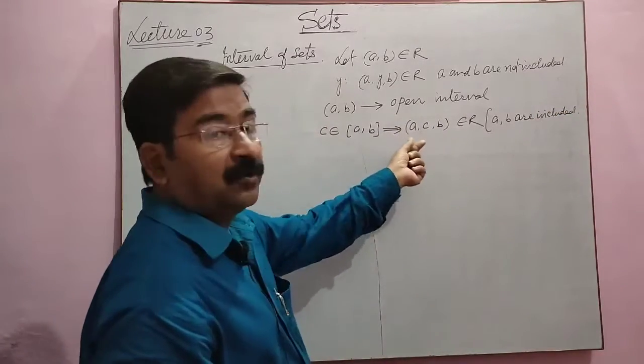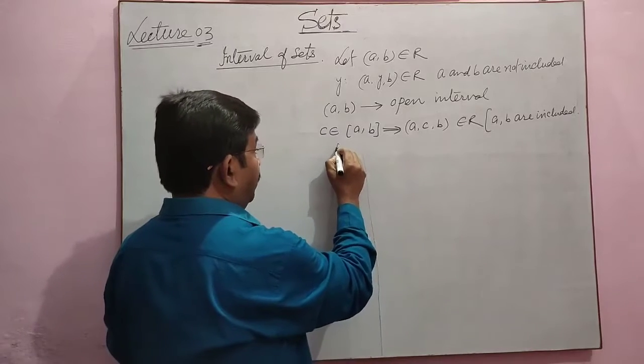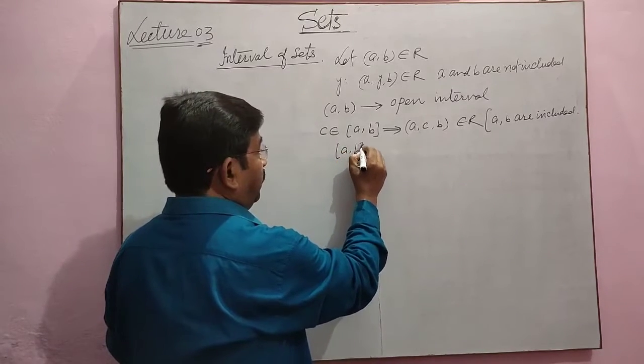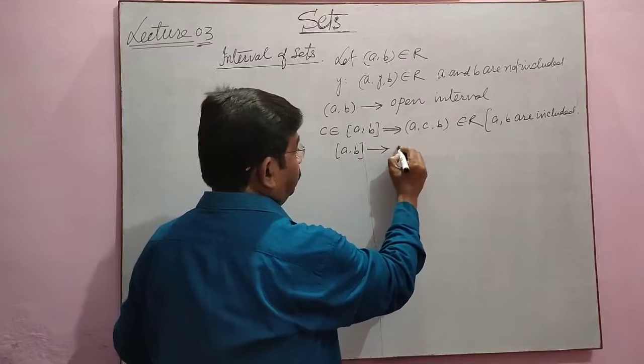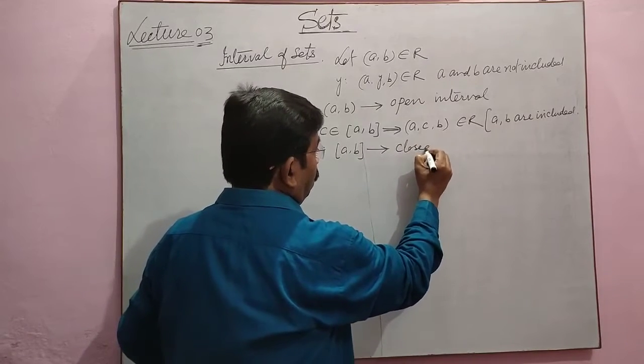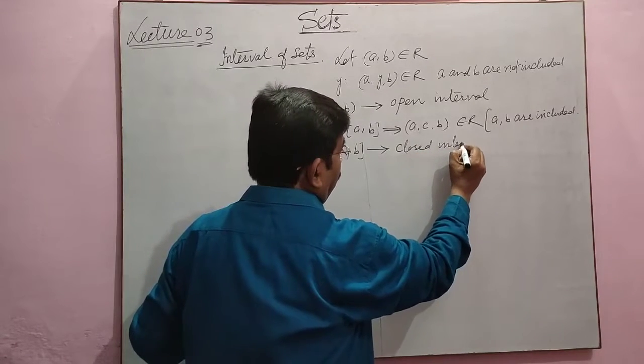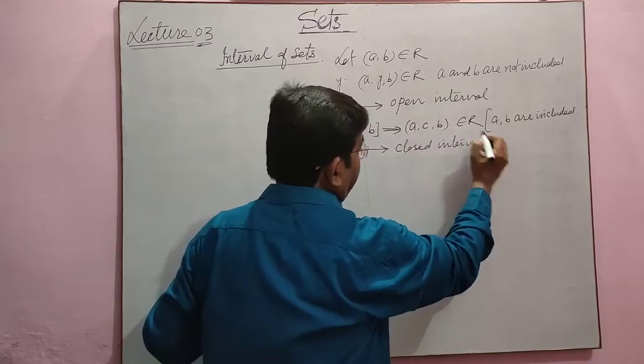Now this interval, when we write [A, B], is called a closed interval.